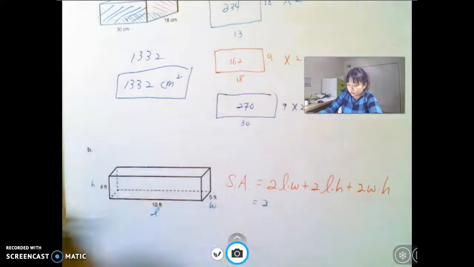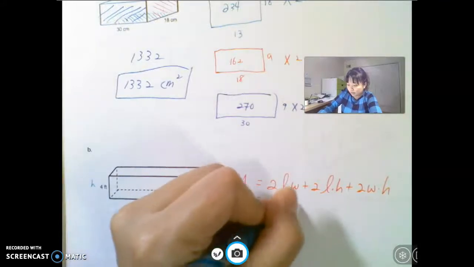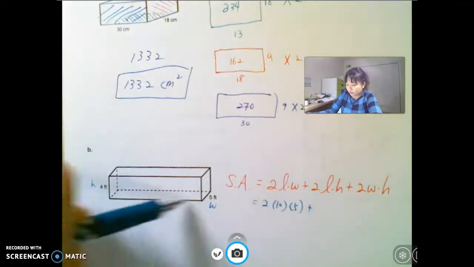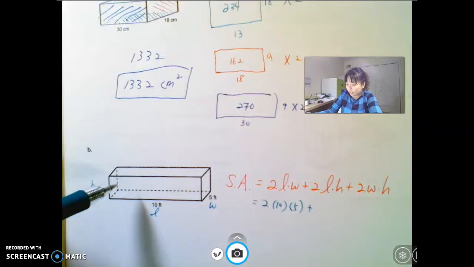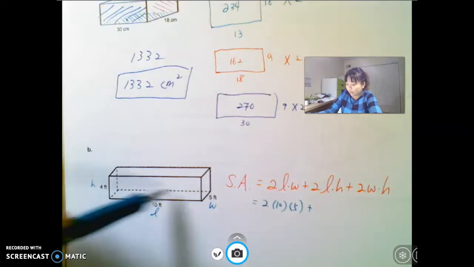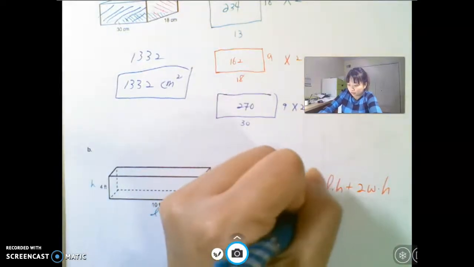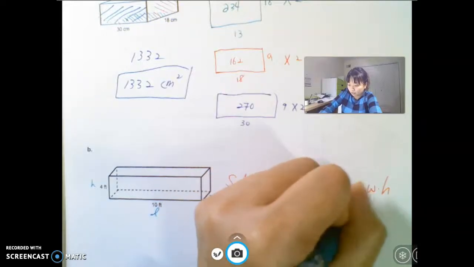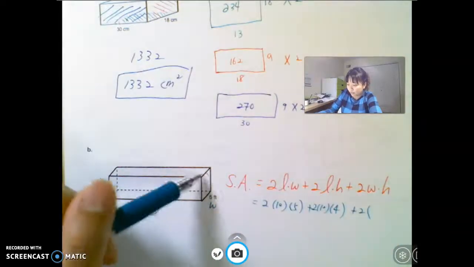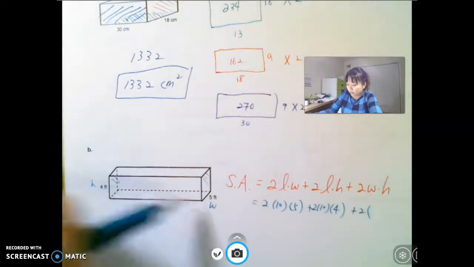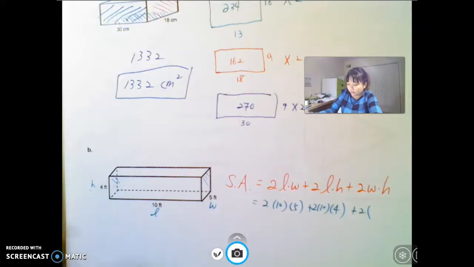So it'll be 2 times 10 and 5 plus, that's the bottom and the top, 2 times length and the height will be the front and the back. So it'll be 2 times 10 and 4, plus 2 times, now the left side, the right side would be the width times the height. So that would be 5 times 4.